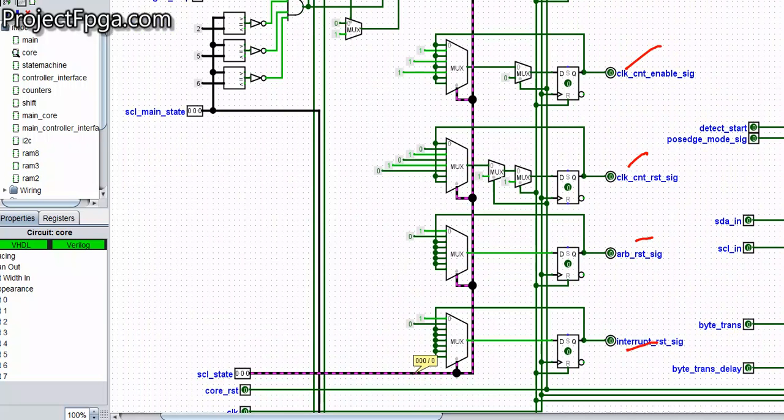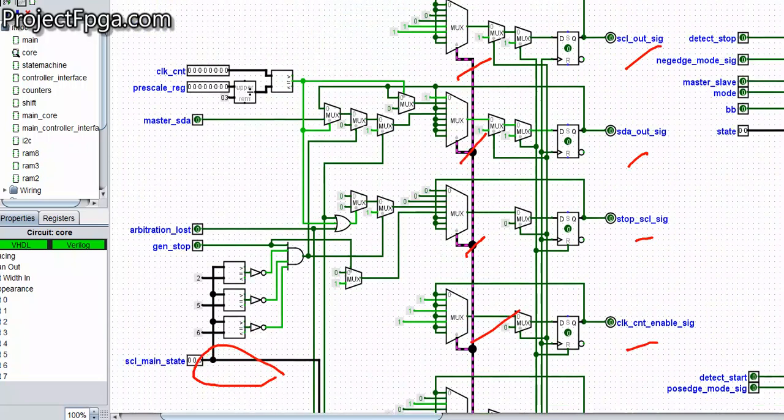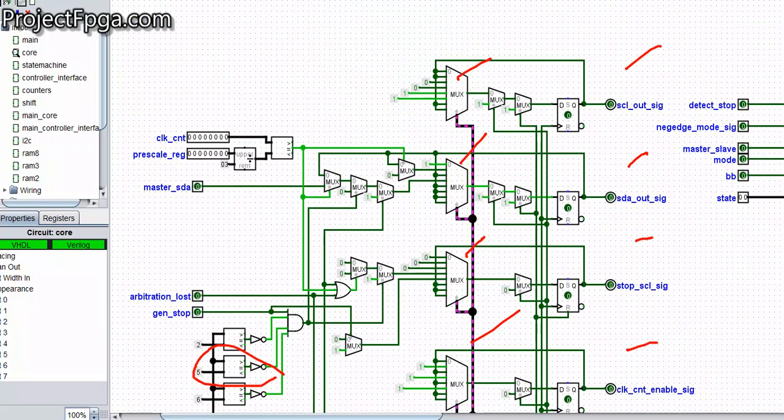This multiplexer, this one, and all these multiplexers, this one inclusive. So that is basically what the SCL state does.